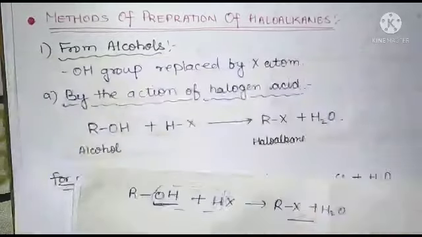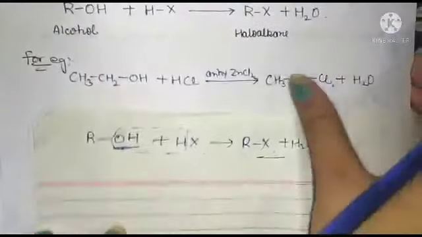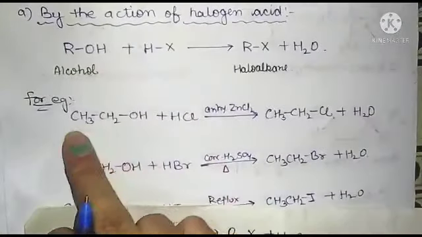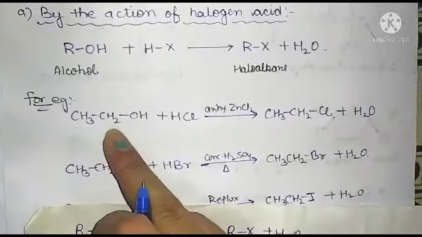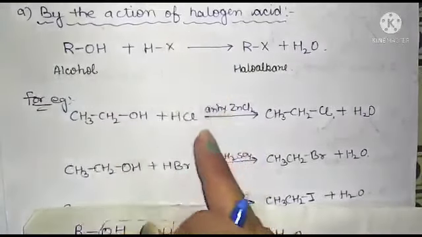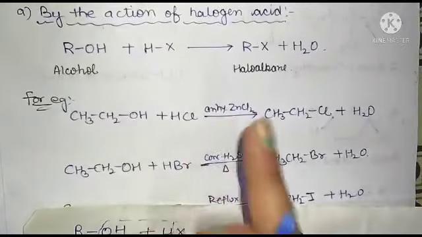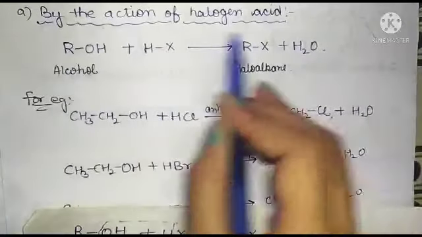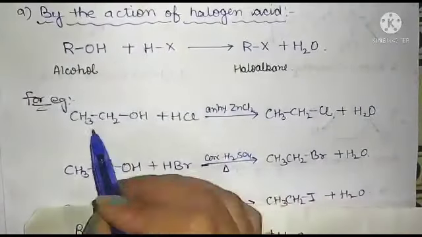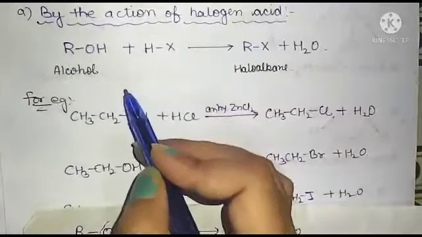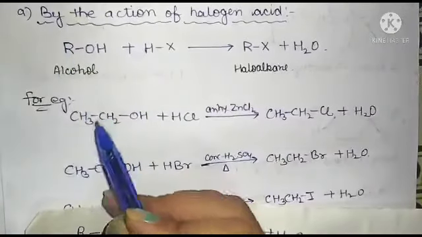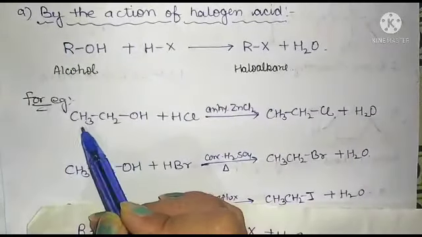So here is an example. ROH plus HX, where I'm taking CH3CH2 in place of R, and in place of X we write chlorine. You just have to learn this general reaction, and after that put in the values: instead of X, chlorine or bromine, and in place of R, CH3, C2H5, whatever.